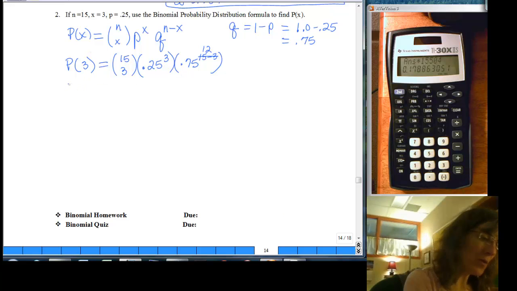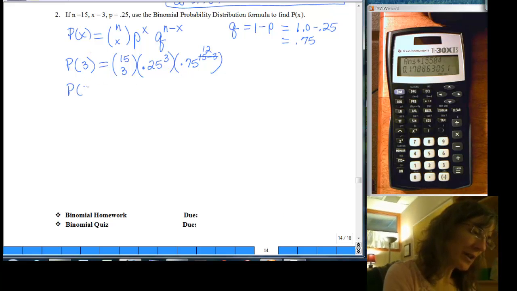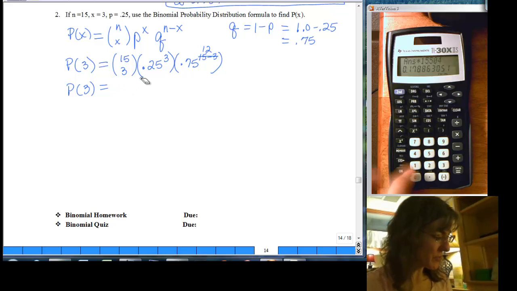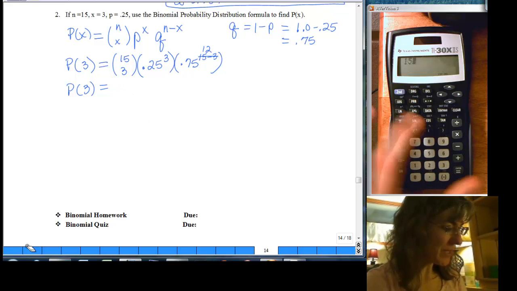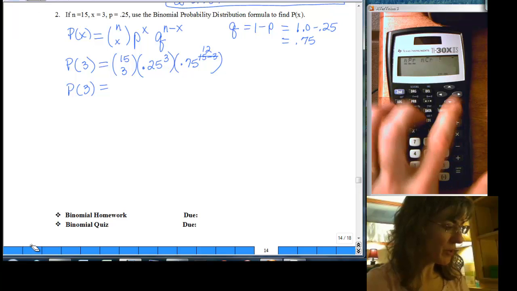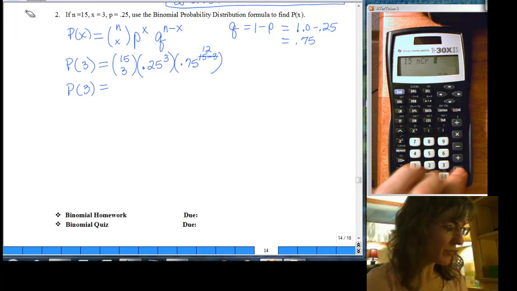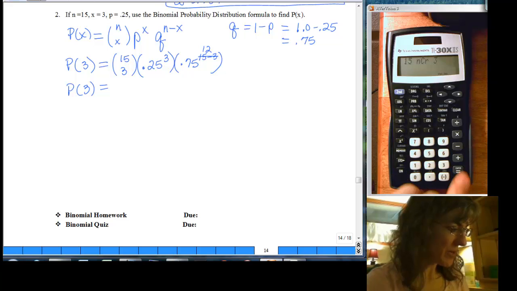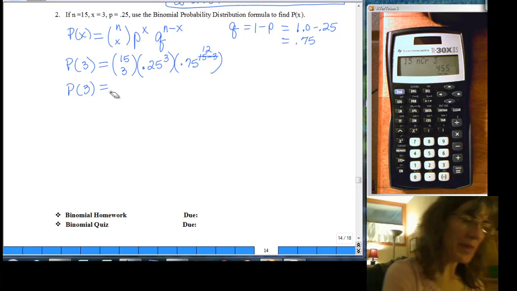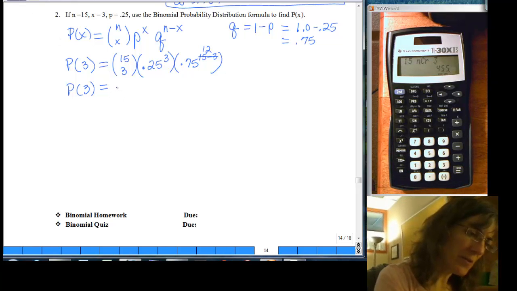Alright, now I want to continue calculating. P of 3 equals 15 choose 3, so on my calculator 15, I have to do the PRB button on this calculator, push enter, and then 3, so it's 15 choose 3, I get 455.